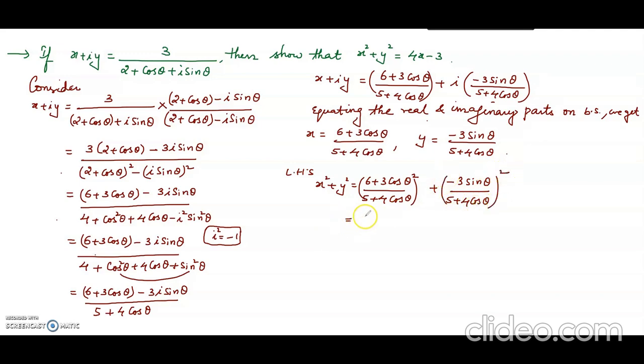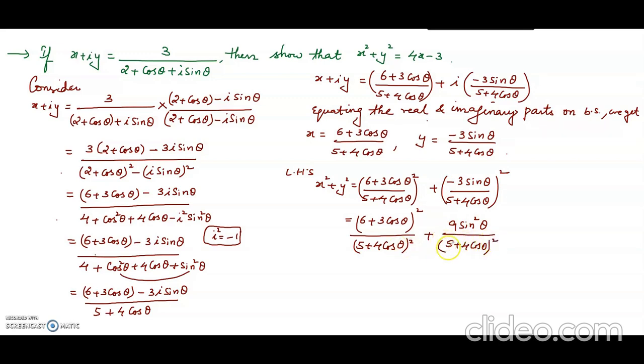So we can separately apply square for both numerator and denominator. We can write 6 plus 3 cos theta whole square by 5 plus 4 cos theta whole square. Same way here, when we square, minus square will become plus, 3 square will be 9, sin theta whole square will be sin square theta by 5 plus 4 cos theta whole square.